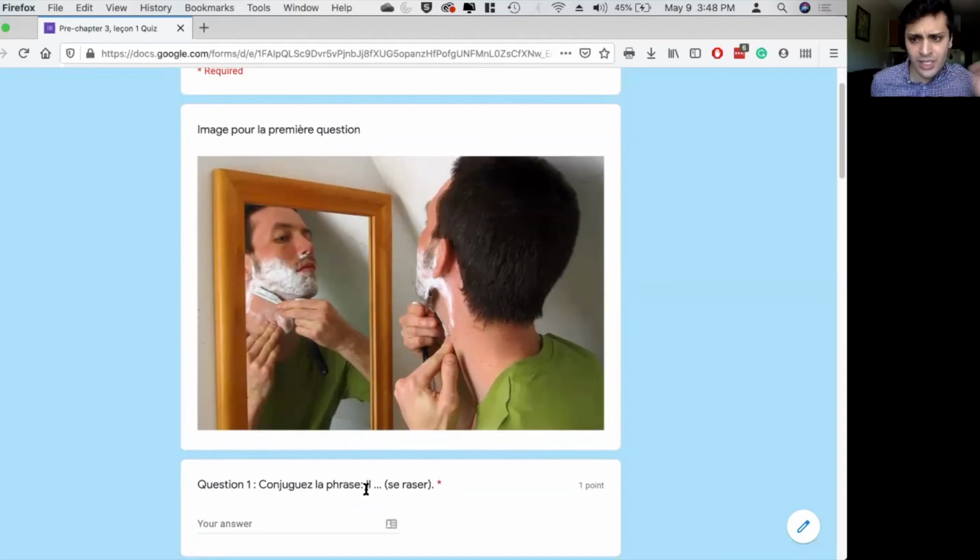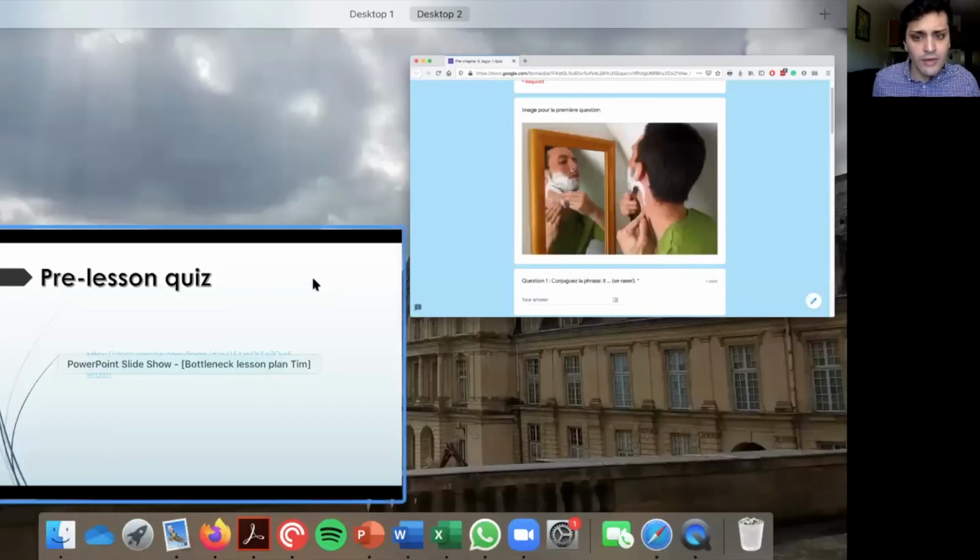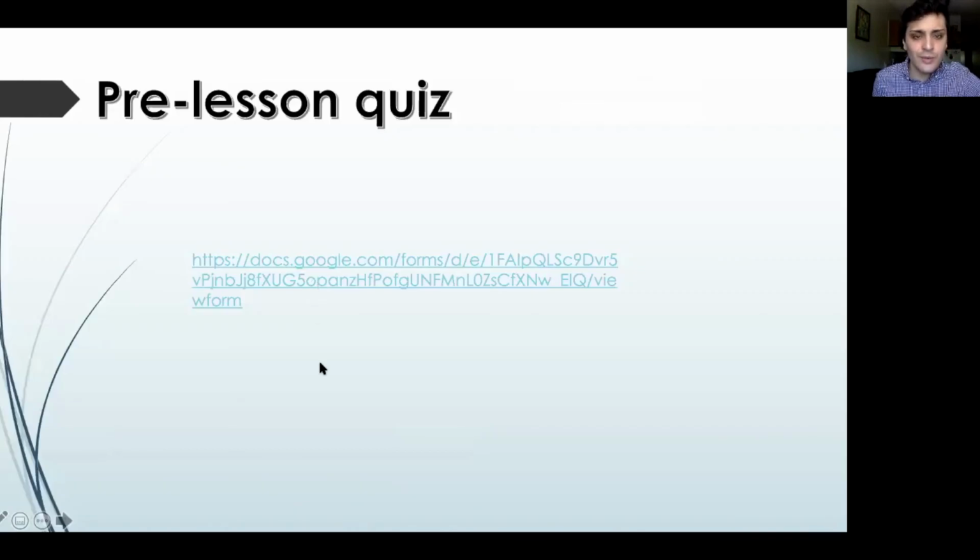Students were only given correct answer points if they had the correct reflexive pronoun and the verb conjugated correctly. The post-test looks the same, so it's not very complicated. There are 5 questions, so it's not too extensive, but it's just to see where they're at and where they end up.